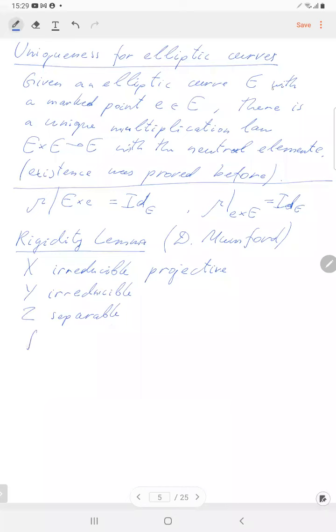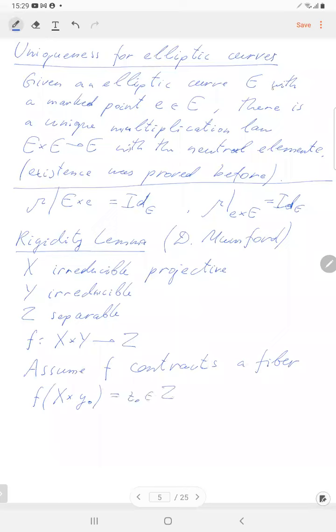And we have a morphism F from X times Y into Z. And suppose this morphism contracts one fiber, that's the whole fiber. So F of X times y0 is just one point.